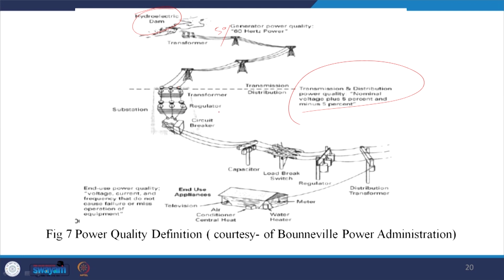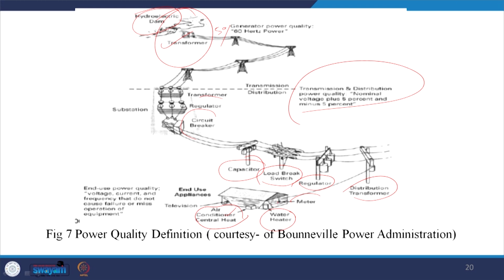Thereafter there are transformers, regulators, circuit breakers, a capacitor bank, a load switch, again a regulator, then your distribution meter, and then in your house you have an air conditioner, a television, a water heater, and a meter to bill you. So power is satisfactorily generated, all sinusoidal, but somewhere in between it gets corrupted.